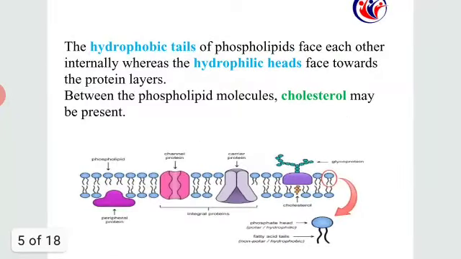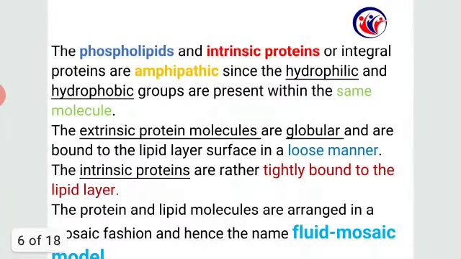Okay, that mentioned, let's move to the next slide and mention this: the phospholipids and intrinsic proteins, or the integral proteins, are amphipathic. My friends, the key word that you should note is amphipathic. Remember, your exams have objectives in paper 1, and this particular word could come up, so you need to know it. Amphipathic, what does that mean?